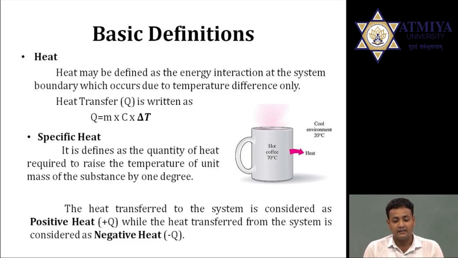Specific heat is defined as the heat required to raise the temperature of unit mass by 1 degree Celsius. Heat transfer to the system is considered positive heat, and heat transfer from the system is considered negative heat.